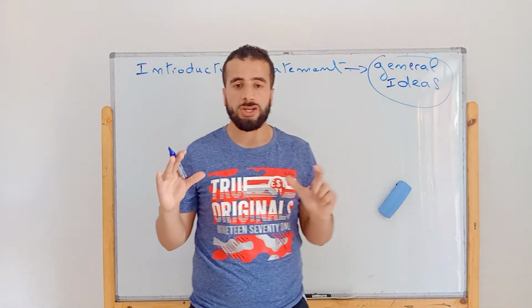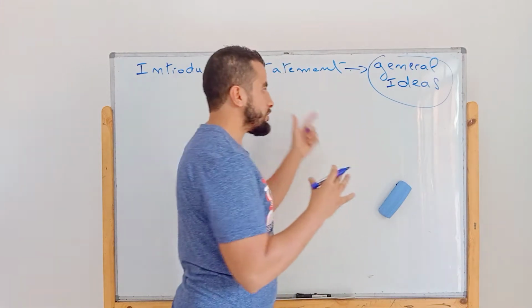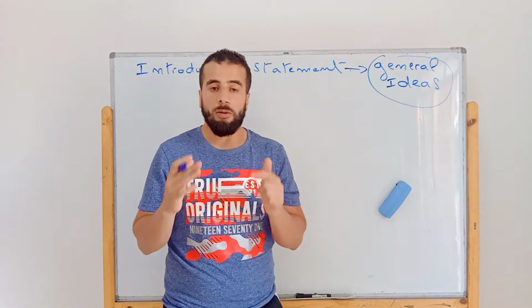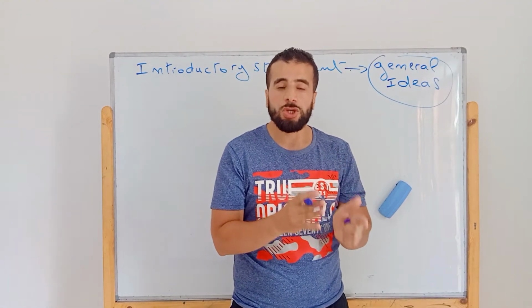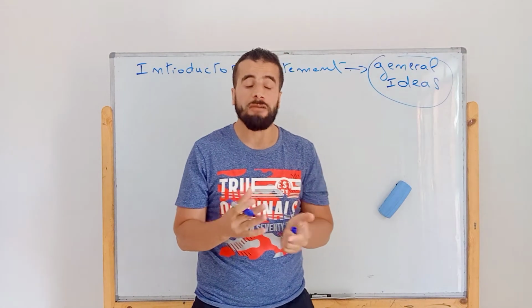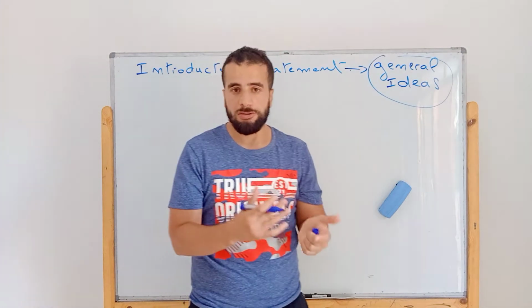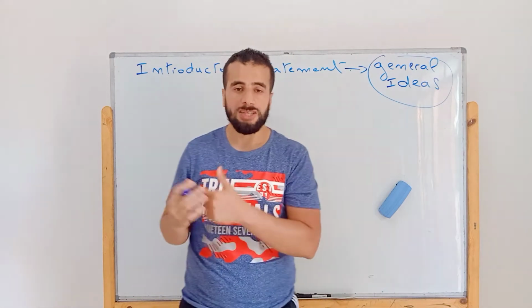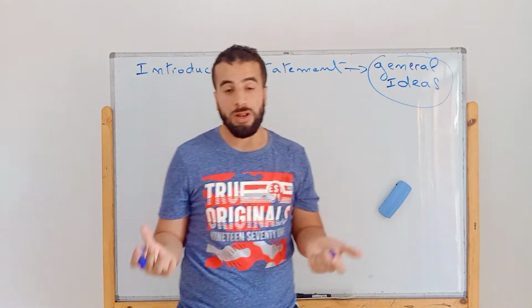This is an introduction. This is what? An introductory statement. Then you will come up with a problematic. However, many countries do not have the capability or the adequate resources to buy the preceding technologies. So this is a problematic.